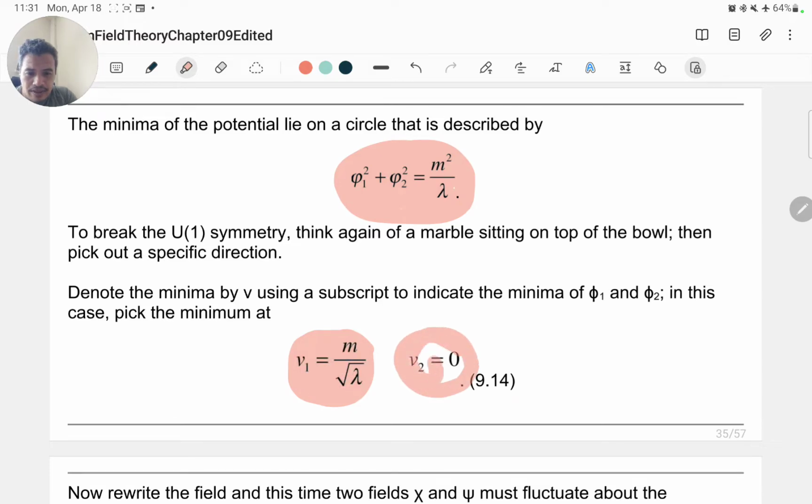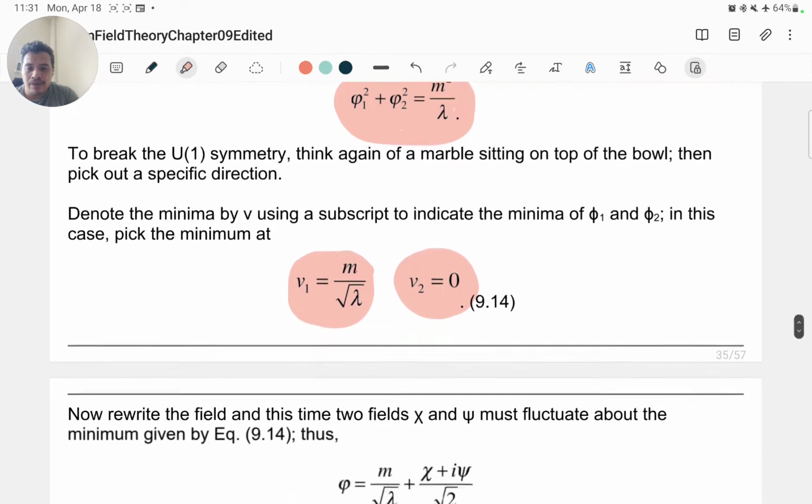And the other one for the other field. So we will now rewrite the fields into some fields that fluctuate at this minimum.